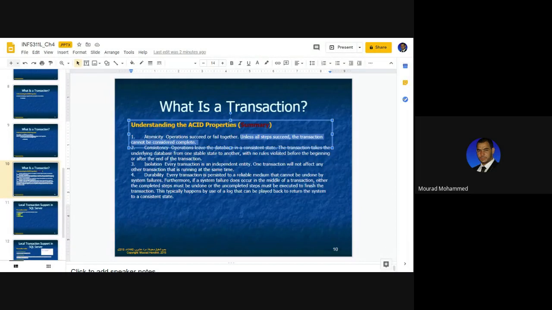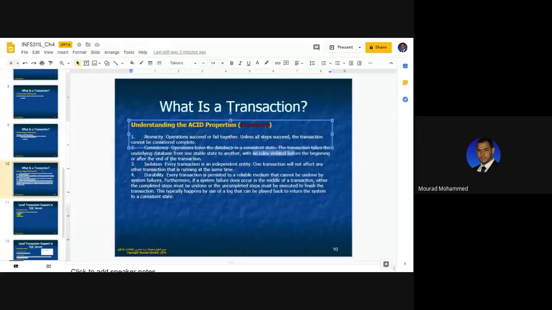There is no rule, nothing to be broken. Meaning the transaction once started has to be finished. There is nothing to violate the execution of the transaction. Either execute it fully or leave it fully.